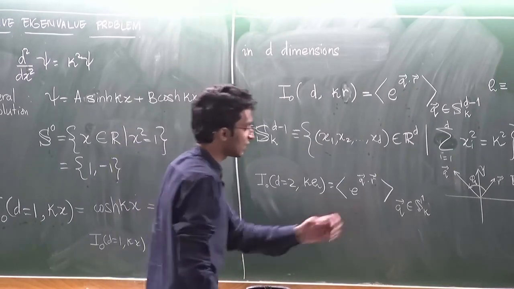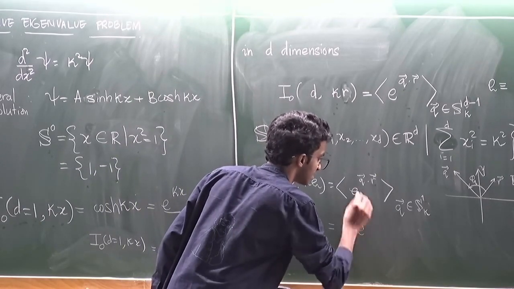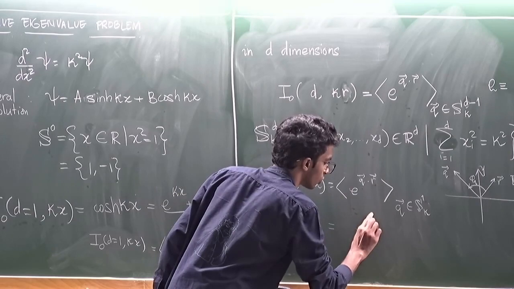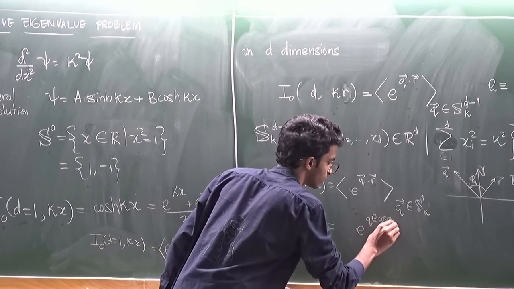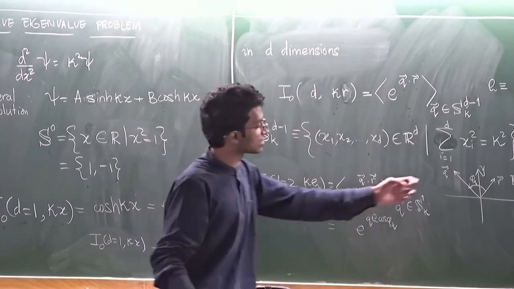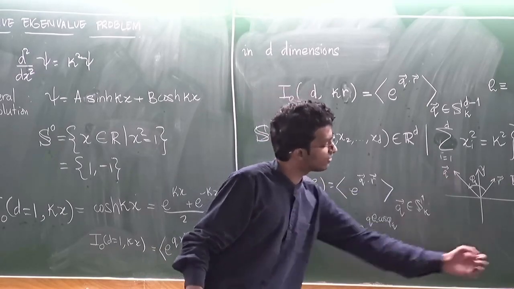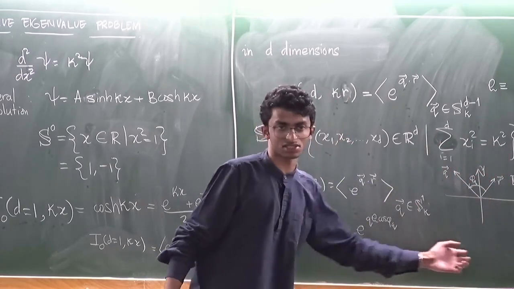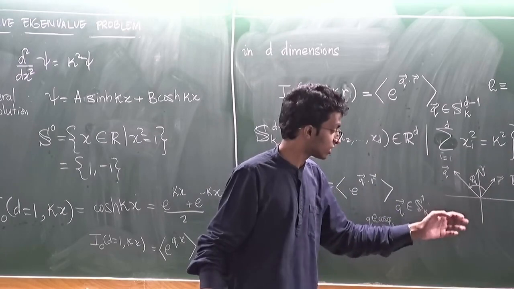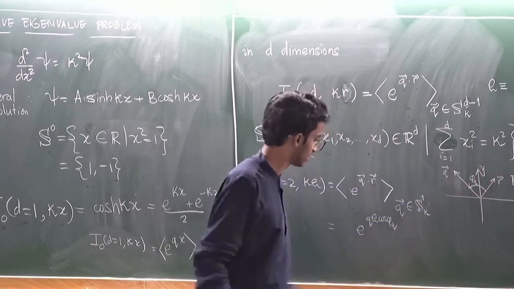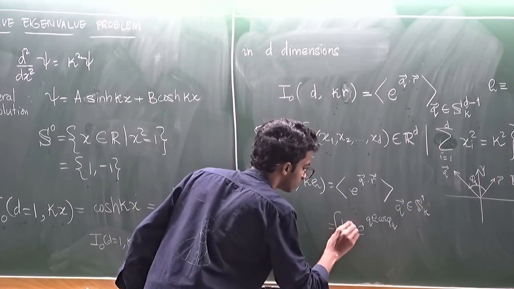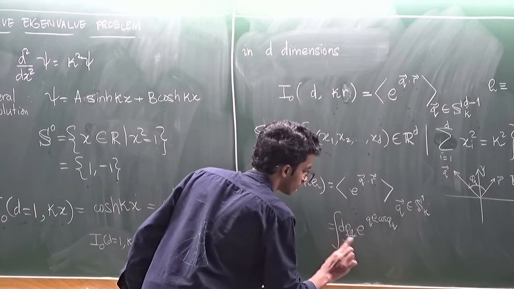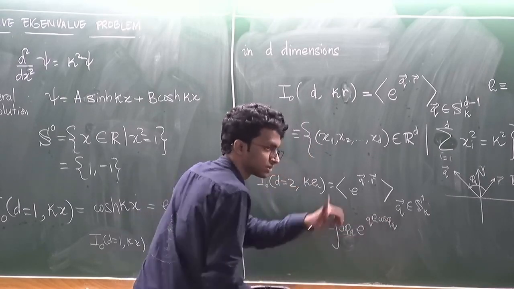Okay, this spherical average means what? It means that q dot r is just q rho cos phi q, and spherical average means that this q vector has to go to every point on the one-dimensional sphere, which is the circle, which means I have to integrate over the full circle.